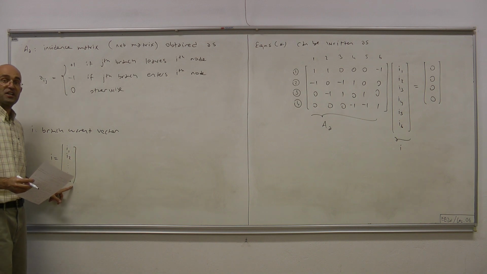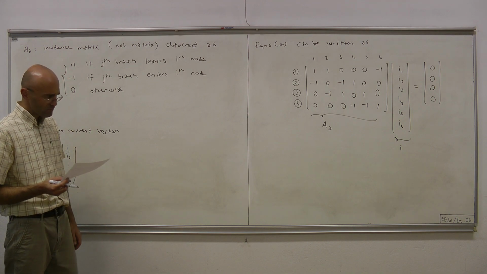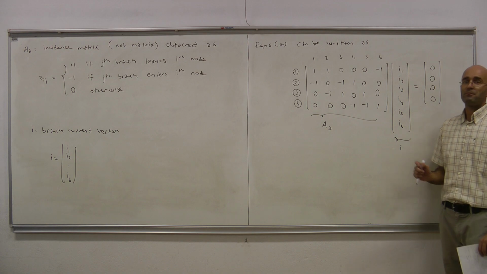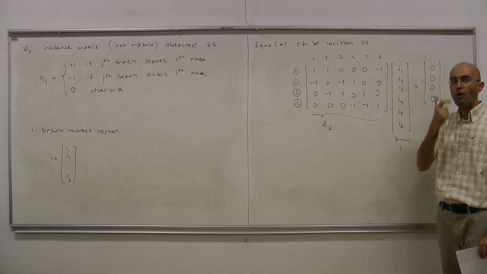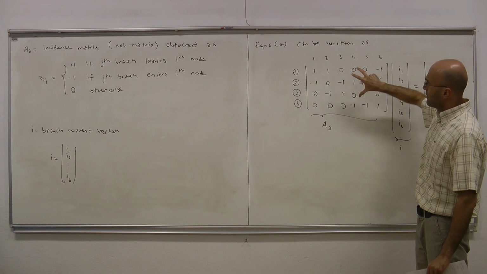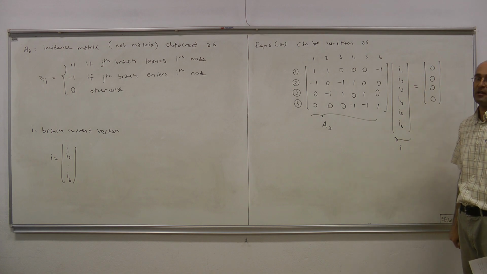In our case, B was 6, therefore it's a vector of dimension 6. Now it turns out that all the constraints imposed on the currents by KCL are in this matrix equation.